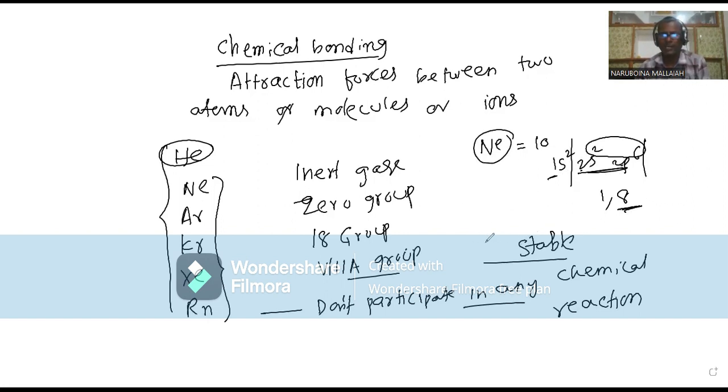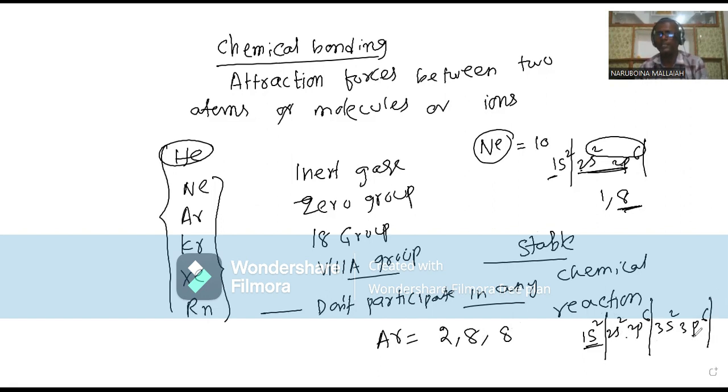Let us take another one, argon. We write 2, 8, 8. You can get it by writing 1s2, 2s2, 2p6, 3s2, 3p6, right? 1s is the first orbit, 2s and 2p the second orbit, 3s and 3p the third orbit.